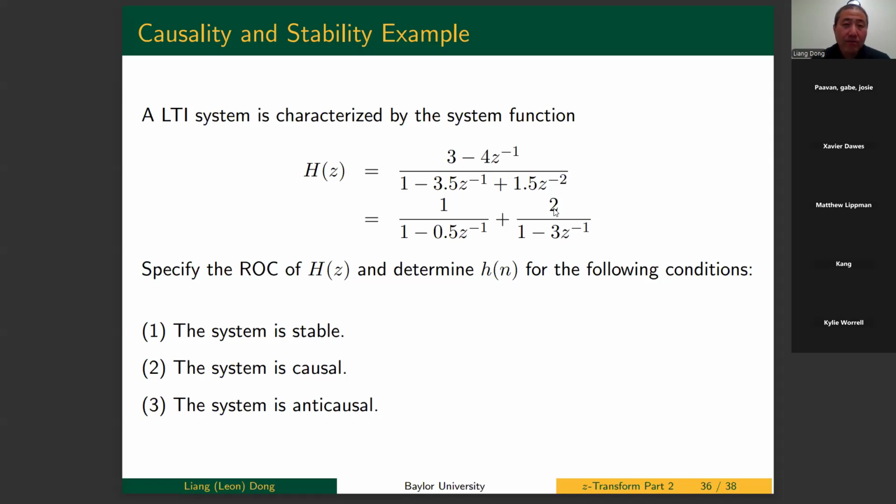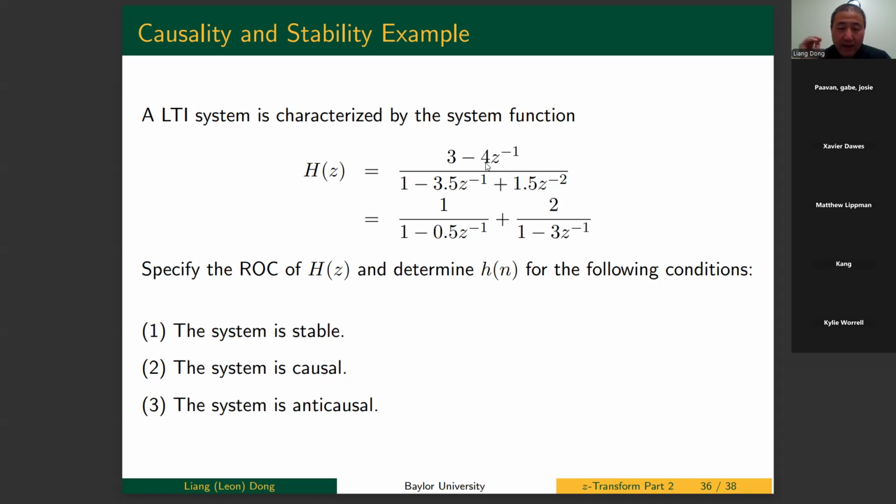All these fractional formats need to have a numerator with order strictly less than the denominator. From the top line, the numerator has order 1, in terms of z to the power -1. If you're not familiar with that, we have to change everything to a function of z. So the numerator is order 1, denominator is order 2, it's proper.